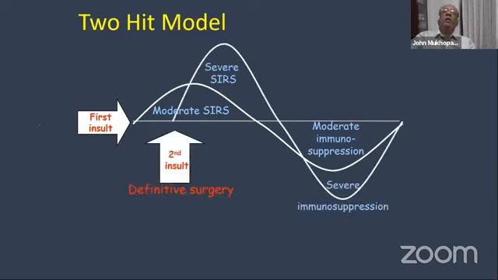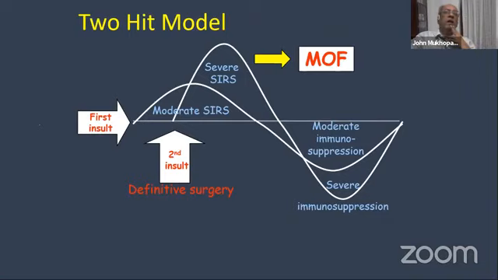Now, if at this time, where the patient is still recovering, you have a second hit, which could be for various reasons, it could be infection, it could be definitive surgery, it could be more blood loss, it could be compartment syndrome, this causes a more amplified response, both in the systemic inflammatory response syndrome and in the immunosuppression.